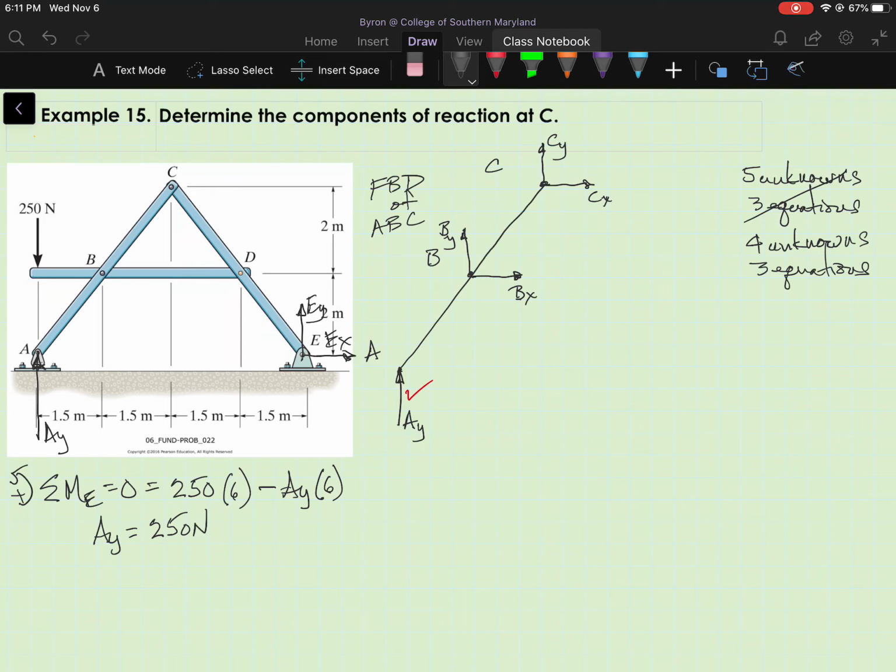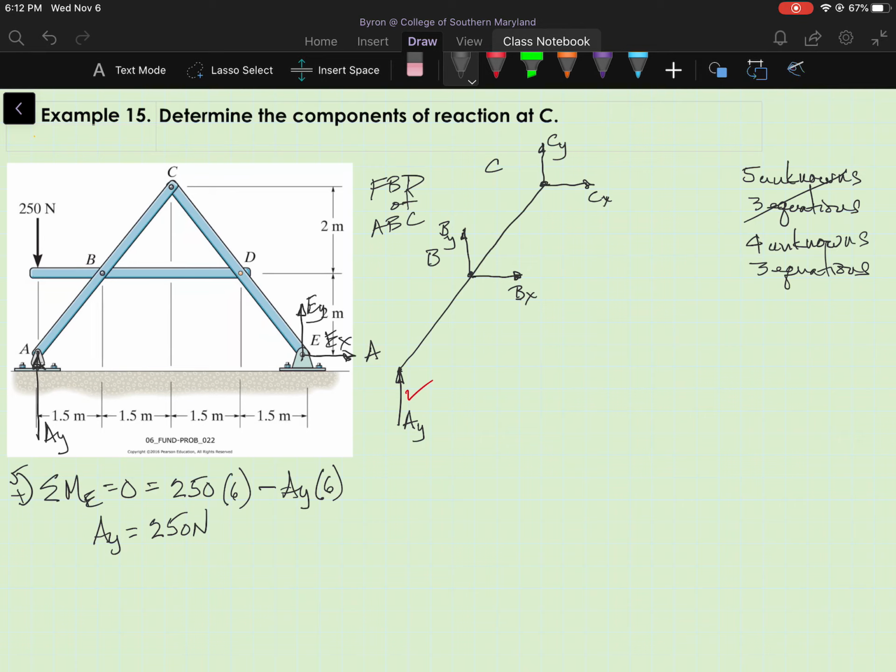So in order to have more equations available to me, I need to draw a free body diagram of another member of the frame. We have 2 other members here. Probably drawing either one, you could get to the point where you could solve the problem. I'm going to draw the free body diagram of BD and see where that goes.